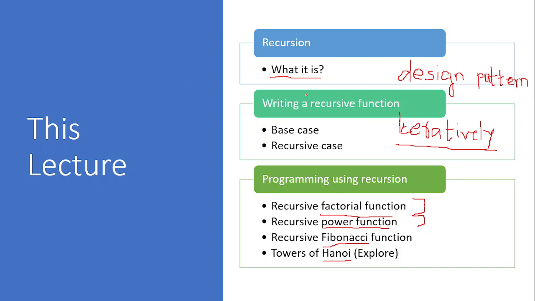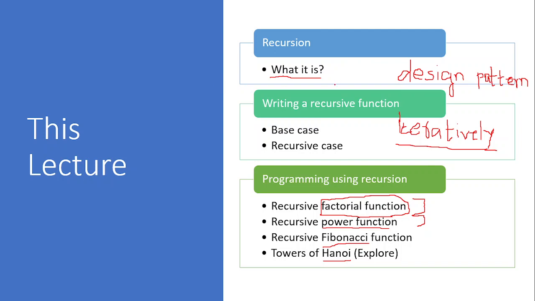And we'll write that code as well. I hope you have written the simple factorial function where you find the factorial of a number iteratively using loops. We'll try to do that as well, so that you can see the difference between these two implementations.